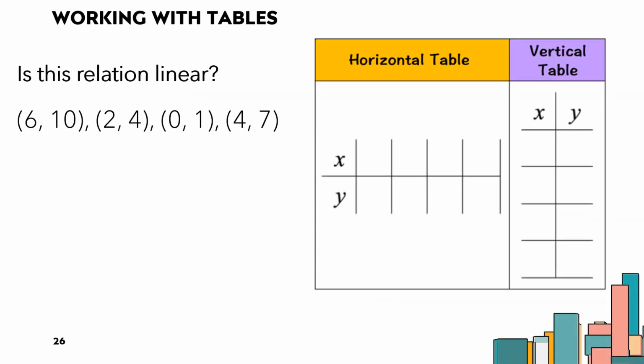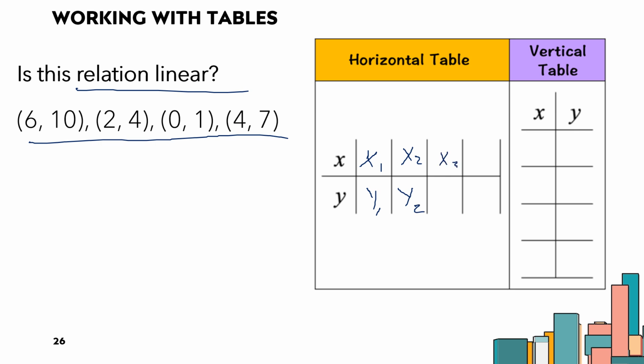Here's some real math. We're going to work with tables. And we're going to work in tables for the rest of this course. Our question here is, is this linear? Well, step one is we put these points in the table. So you figure out what x1 is, you put it in the x1, y1 spot. You figure out what x2 is, you put it in your x2, y2 spot. Same thing with x3, y3, x4, y4.